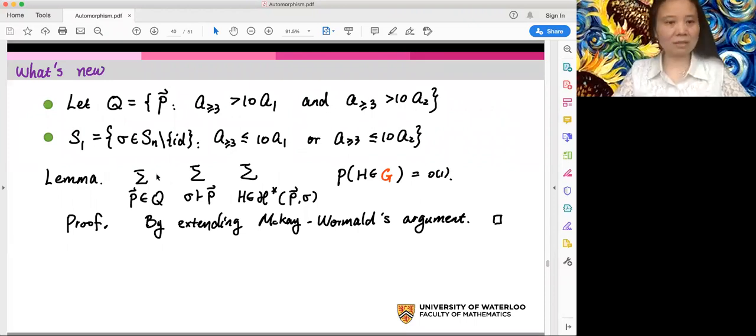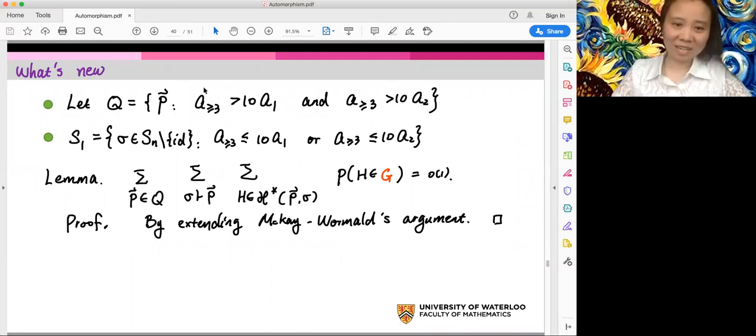So what we did is, you look at the set of parameters p over there. I'm going to further partition it into two cases. So take out the subset of p where the number of vertices that are moved of degree at least 3 is at least 10 times the number of vertices that are moved of degree 1, and also at least 10 times the number of vertices that are moved of degree 2.